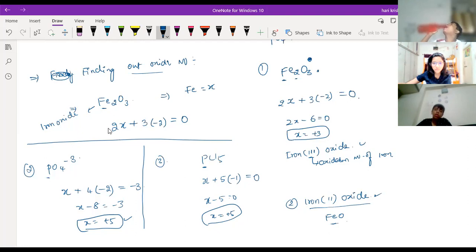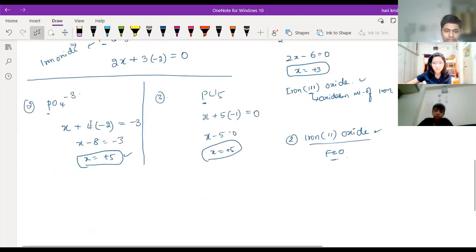Any confusion how you got FeO here? Because both the oxygen and iron have the two valency, that's why. But they can possess 6 valency also, right? No, check it here.